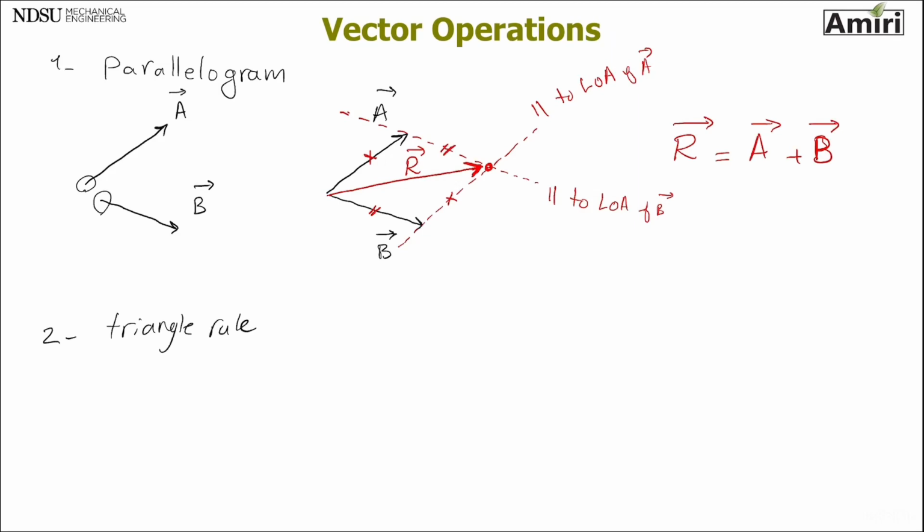We again have vector A, we have vector B, and we want to find A plus B. In this one, we move the tail of B to the head of A, keeping the direction.